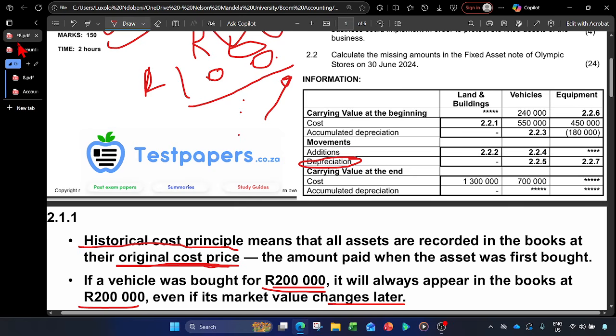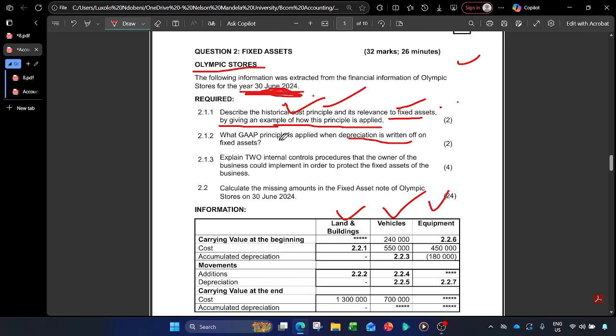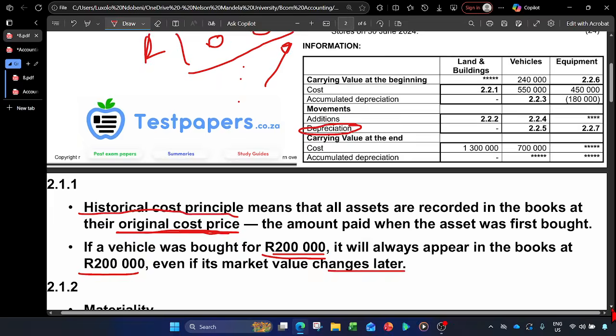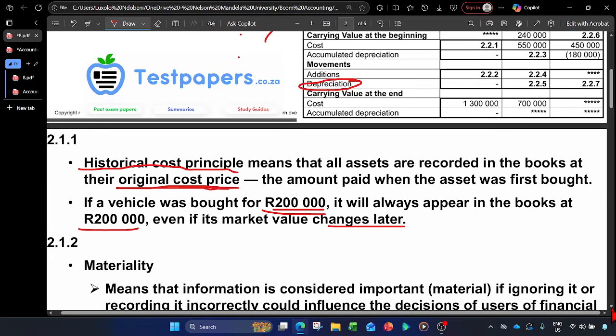So let's come to the definition of materiality and see why materiality is the only principle that applies to depreciation that is written off against the fixed assets. Firstly, let's define materiality.